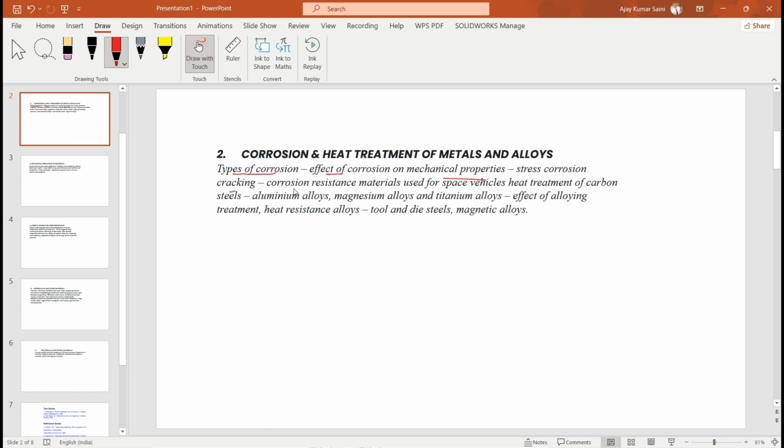Okay, and corrosion resistance material used for the space vehicles, heat treatment of the carbon steel, because you know that most of the high temperature materials are used in the engine. Okay, and in space vehicles.